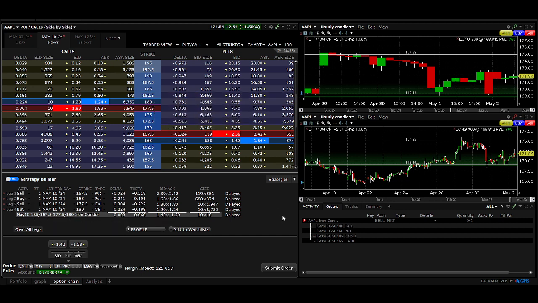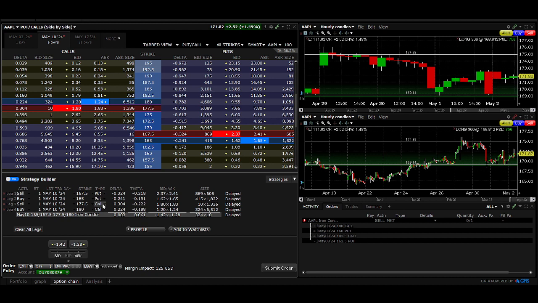So in this iron condor strategy, we are going to build the iron condor together as a combo, meaning we have the call side as well as the put side all in one request.